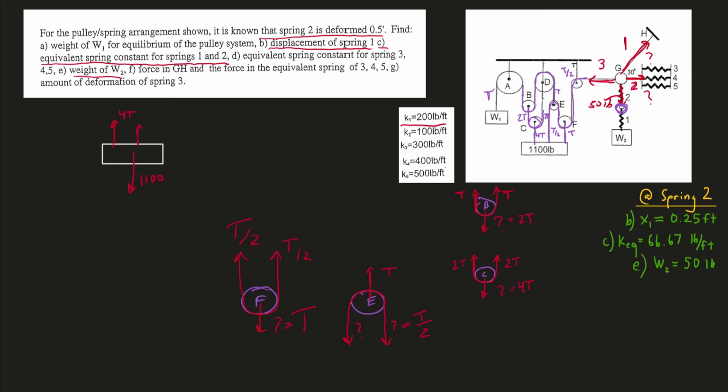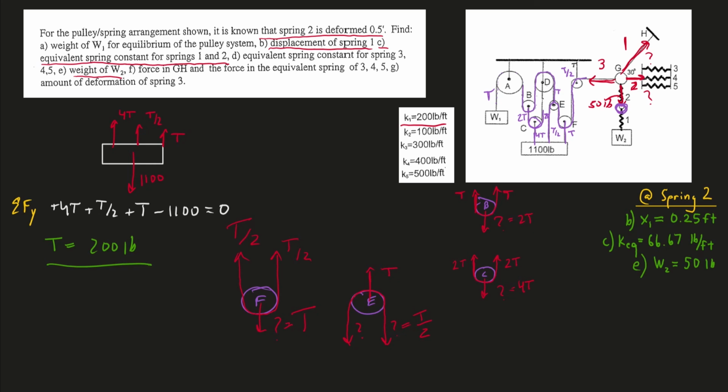The rope in the middle is T over 2, and the rope on the right is T. So of course we can add up the forces in the Y. So we have 4T, it's positive going up, plus T over 2, positive going up, plus T going up, 1,100 going down, all equal to 0. And we can solve for the value of T. And we get T as 200 pounds.